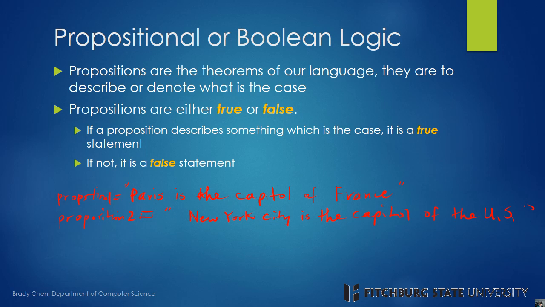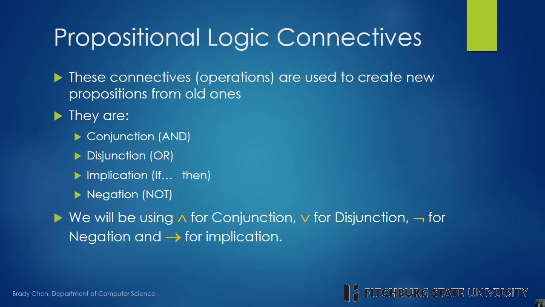So this proposition 2 has the value false. If a proposition describes something which is the case, then it is a true statement and the value is true. If not, it is a false statement. So now we know what a proposition is: a statement which has some value, either true or false.